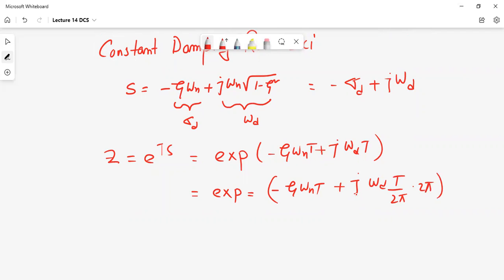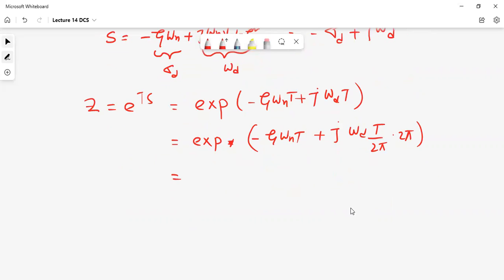T by twice pi is nothing but 1 by omega s. Our design in a digital control system is heavily dependent on the sampling frequency, because the pole and zero locations can change based on the sampling frequency. That is why we represent the frequency with respect to the sampling frequency. Don't forget the twice pi. This is how the angle is determined.